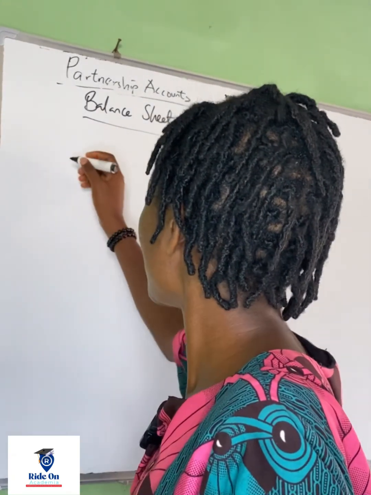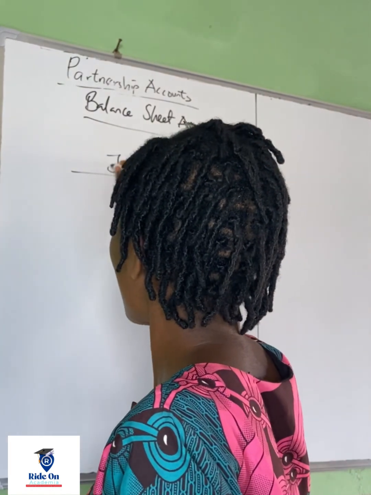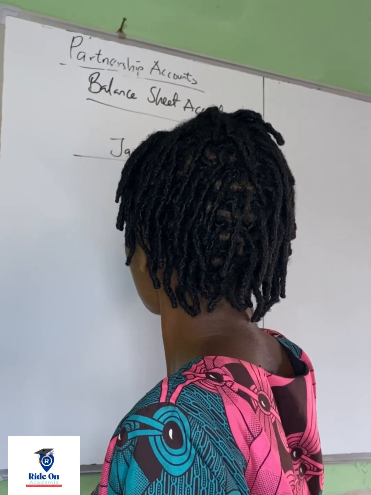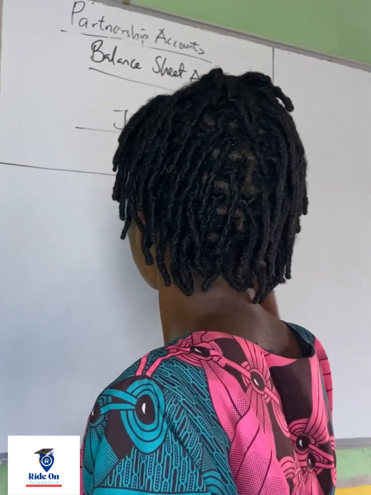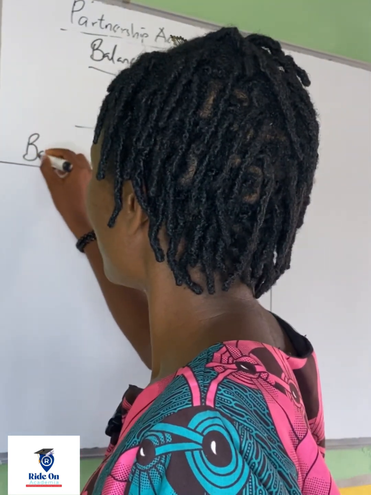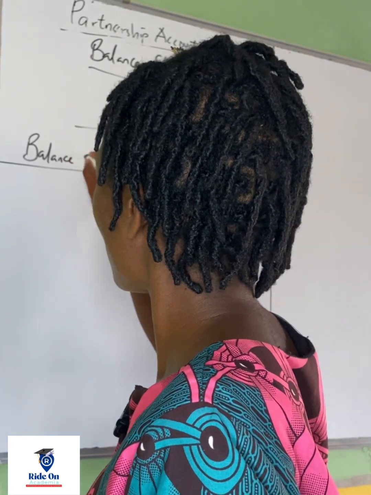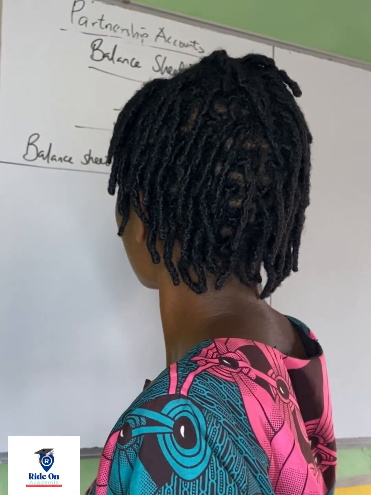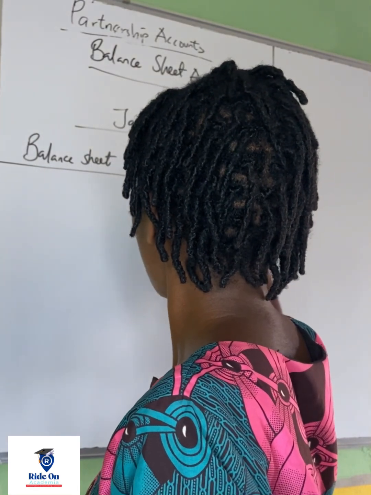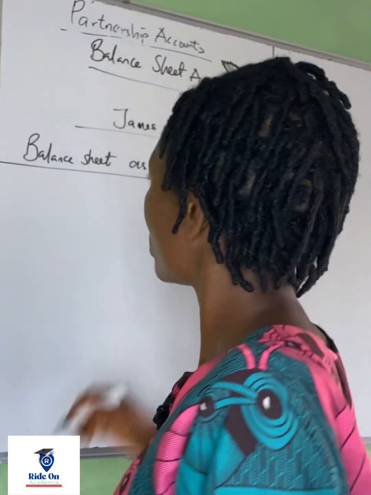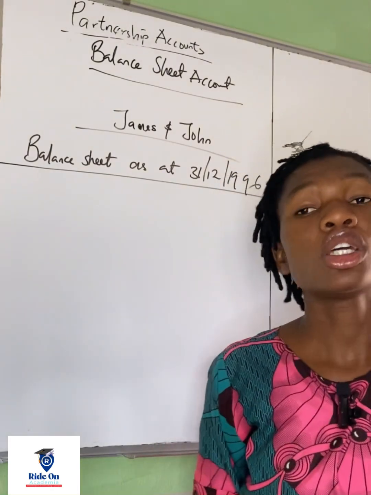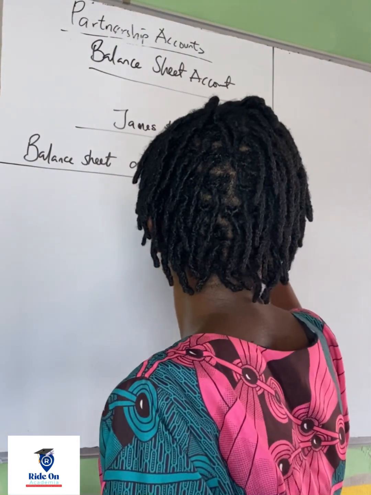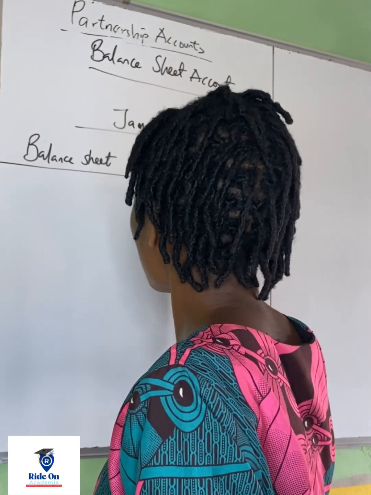So starting with our balance sheet, the names of our account owners are James and John. This is our balance sheet extract. Like I said, we just have information for equity, so we're going to be working with just that information.